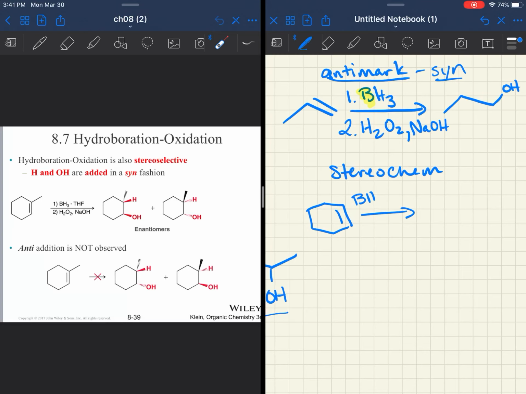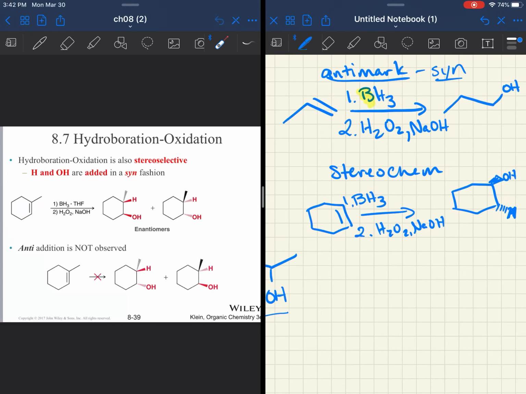So if we were to finish this off here, we've got our BH3 in step 1, our peroxide and sodium hydroxide in step 2. I did not give you an asymmetric double bond here, so all you'd really have to show me is that the H and the OH that added are on the same side.